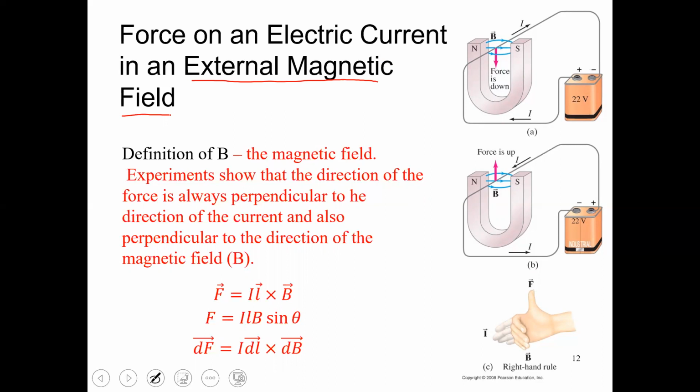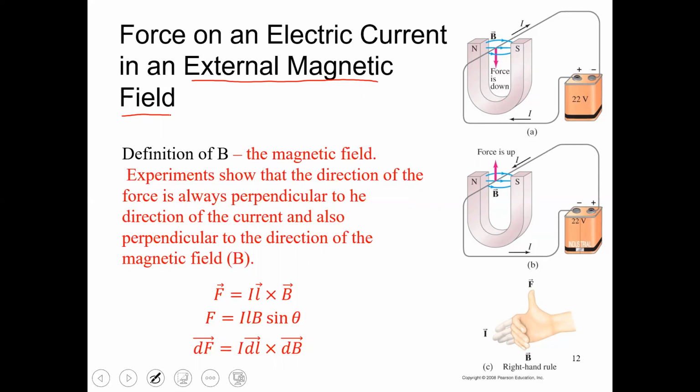So the force on an electric current in an external magnetic field can help us find a definition of B, or the magnetic field, right? So experiments show that the direction of force is always going to be perpendicular to the direction of current, and also perpendicular to the direction of the magnetic field.